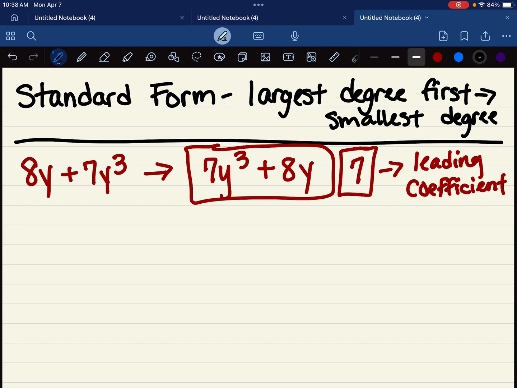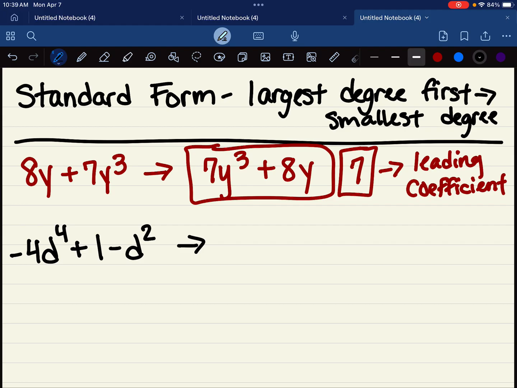Okay, let's look at the second one. Negative 4d to the 4th power plus 1 minus d squared. Okay, so what term would I write first based off degree? What's that whole term, though? What's the whole monomial? 4d to the 4th. Close, you're missing one thing.